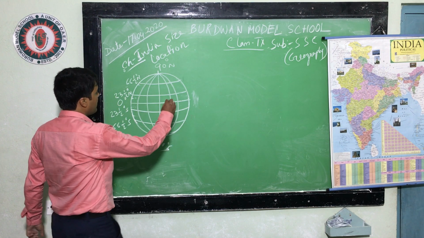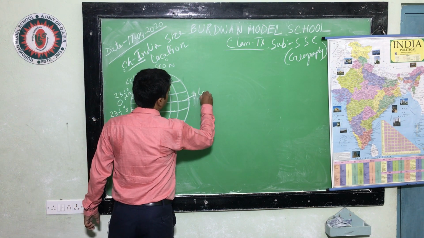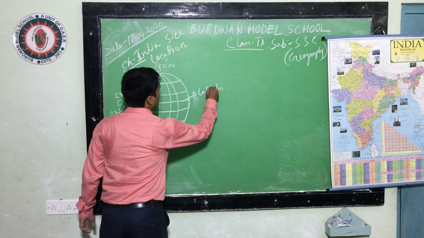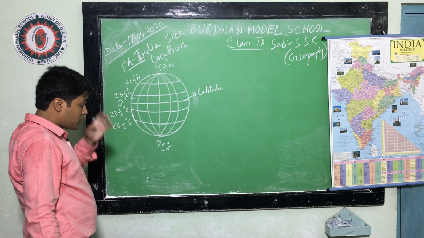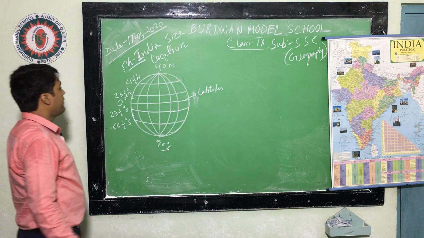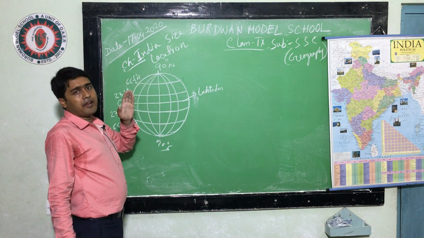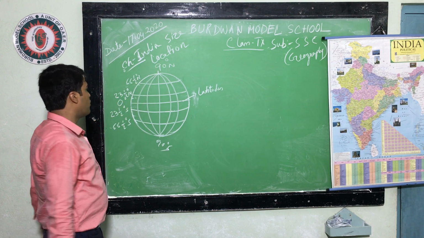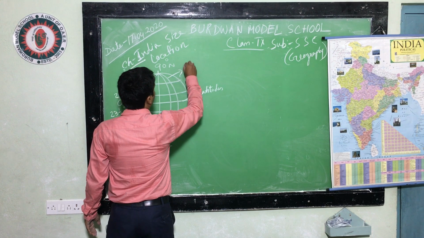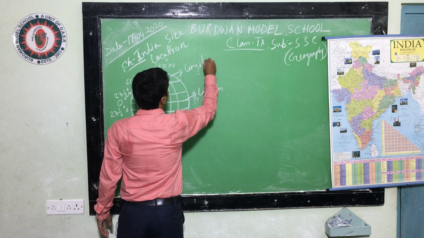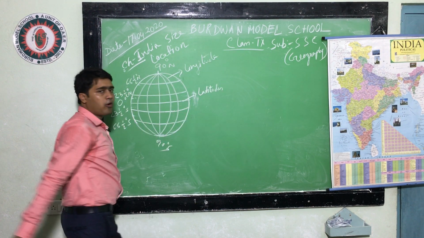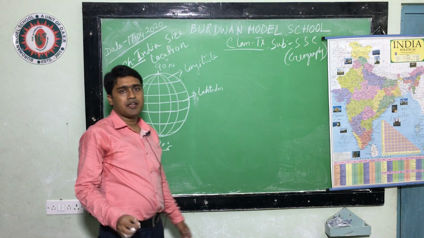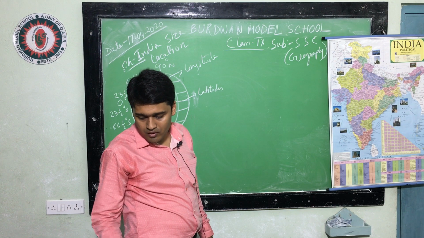And the other imaginary lines, running from the north pole to the south pole, are called longitudes. With the help of latitude and longitude, we can understand India's actual location.